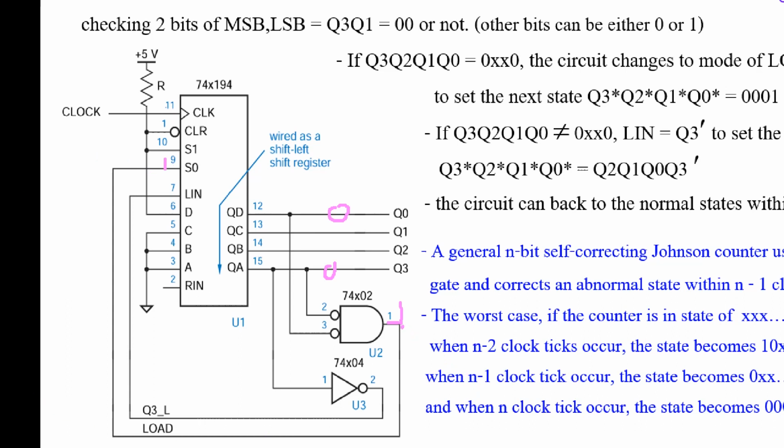It is connected to A0, and S1 is already connected to 5 volts, so now it's 1, 1. Load mode, so you read data from A, B, C, D, or in this case 0, 0, 0, 1, to update this when the clock ticks. So that means now it can get back to this state by itself.